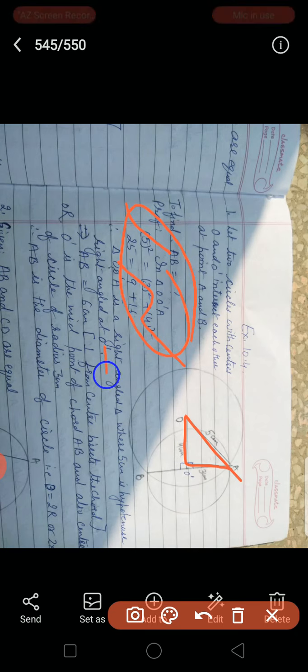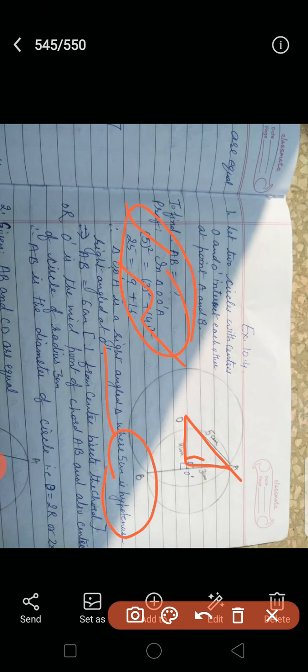So this is the right angle triangle, and 5 centimeter is the hypotenuse because it is the longest side of the triangle, and the opposite angle of the longest side is the largest angle of the triangle, and the largest angle of the triangle is 90 degree here. So we can say that this is perpendicular, and a line segment that is coming from the center of a circle is perpendicular to the chord.